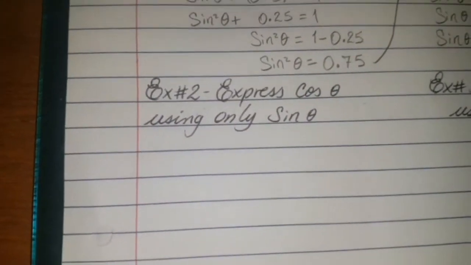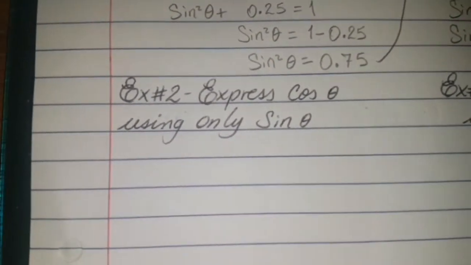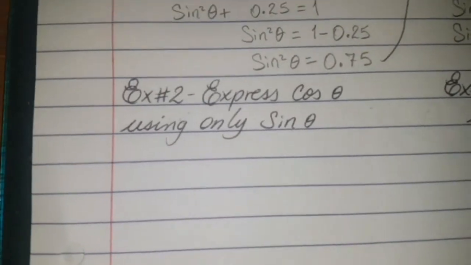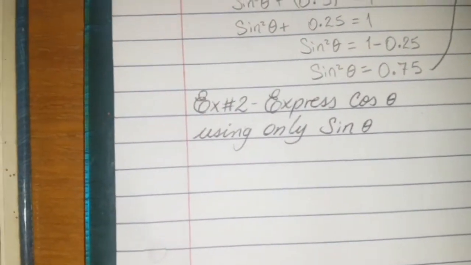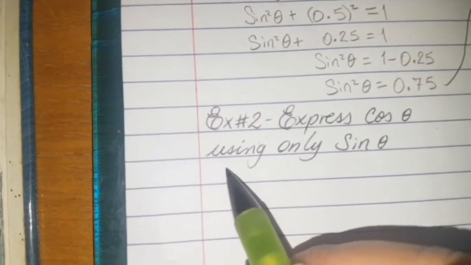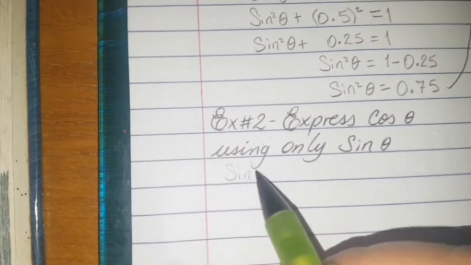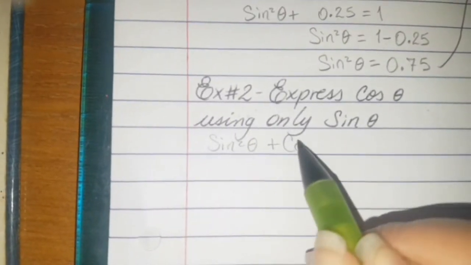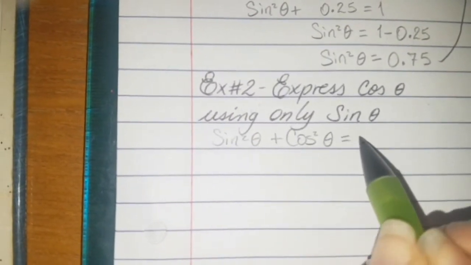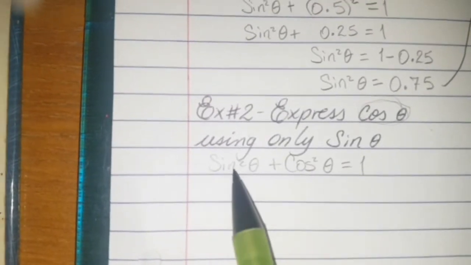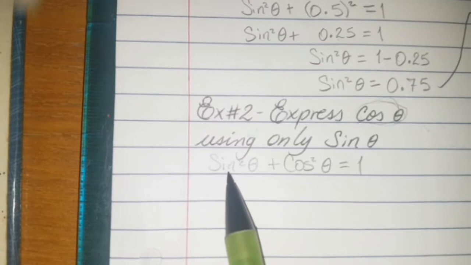Let's see example number 2. It says, express cosine of theta using only sine of theta. Let's rewrite the formula. Sine to the second power of theta plus cosine to the second power of theta equals 1. I'm trying to express cosine, which means I have to isolate cosine. To isolate cosine, I have to bring sine to the second power of theta to the other side of the equation.